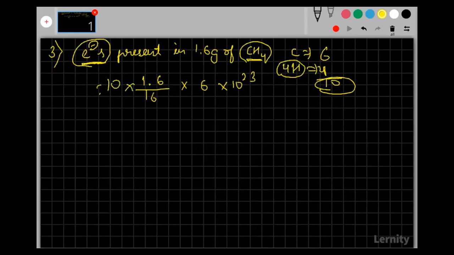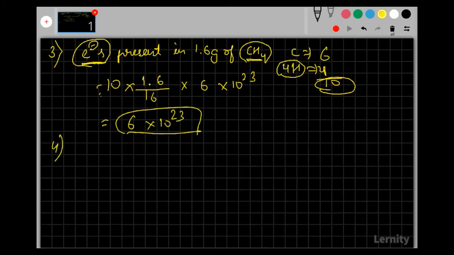Now this becomes again equal to 6 into 10 to the power of 23. So again we have got the answer equal to the Avogadro's number. It just happened to be that the two answers are the same as Avogadro's number, but it need not be. So just take care of the values being given in the question. Don't try to memorize that.